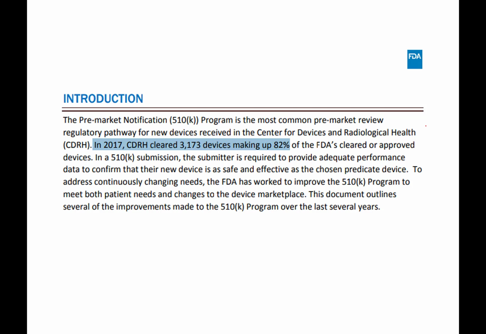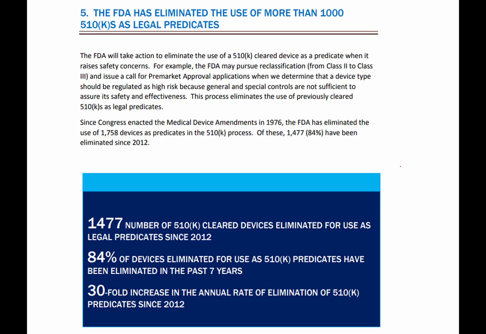The center, CDRH, says that in 2017 they cleared over 3,000 devices, making up 82% of the FDA's cleared or approved devices. In some of the language here, you again see the concept of a predicate device mentioned. But they needed to make changes.